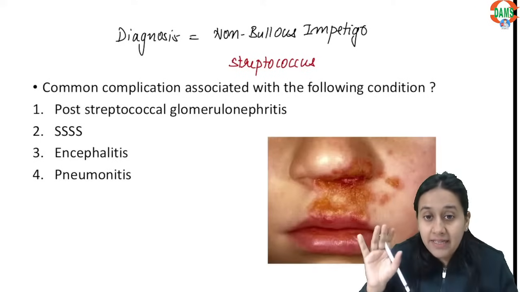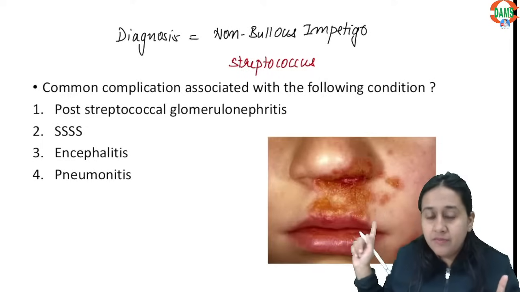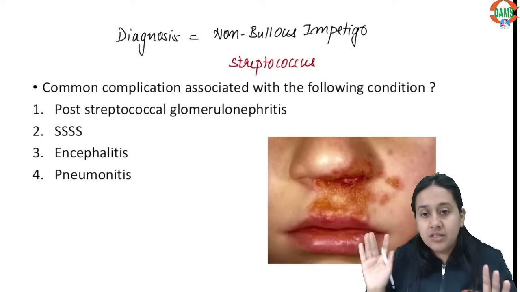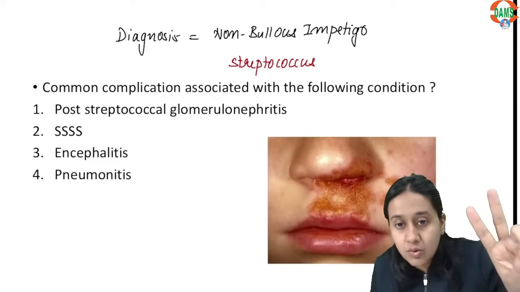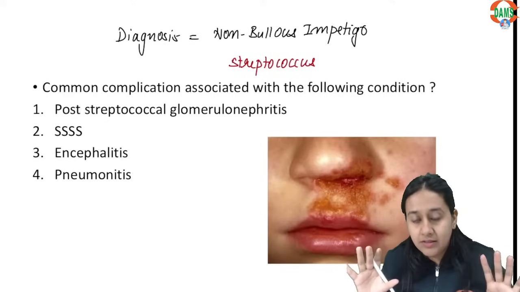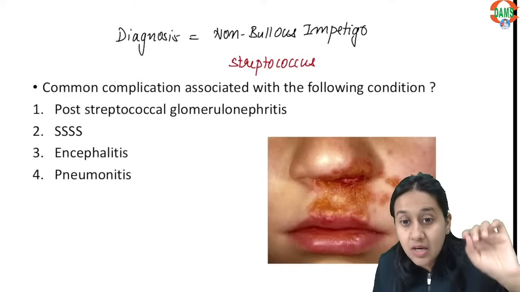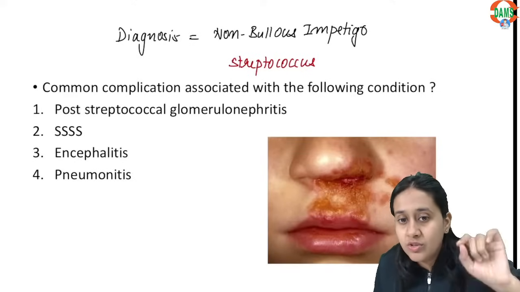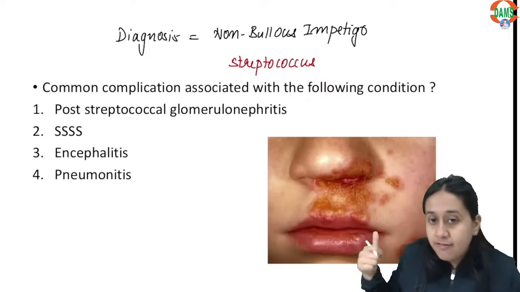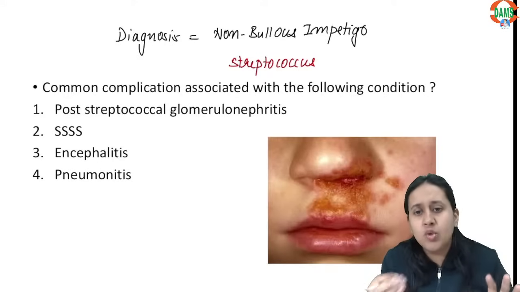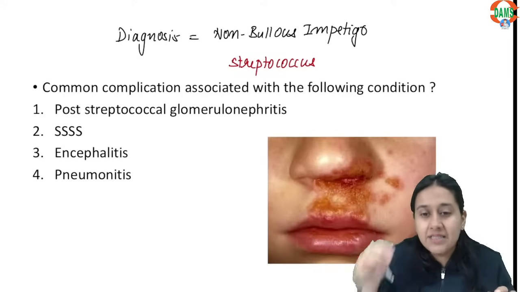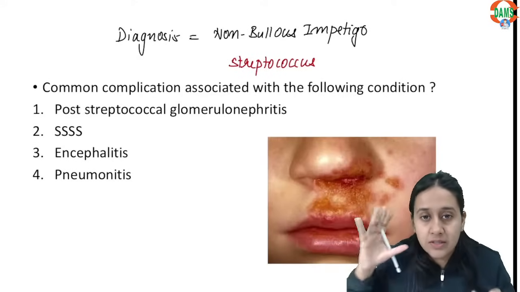The non-bullous impetigo present with this type of yellowish honey-colored crust, no bulla formation. So impetigo is of two types, bullous and non-bullous. Bullous impetigo occurs exclusively due to Staphylococcus, while non-bullous occurs mainly due to Streptococcus. You can see Staphylococcus also, but it is mainly due to Streptococcus.